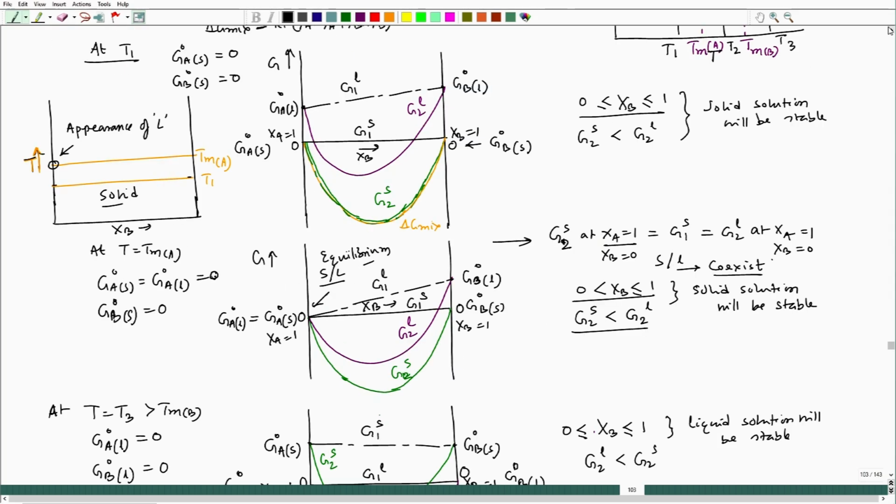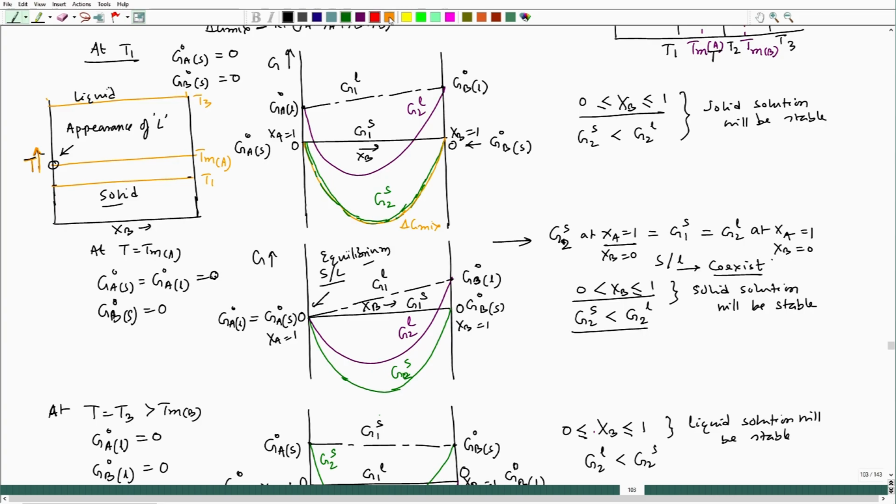So if I plot it, I can draw T3 here, and I see that everywhere it would be liquid solution.